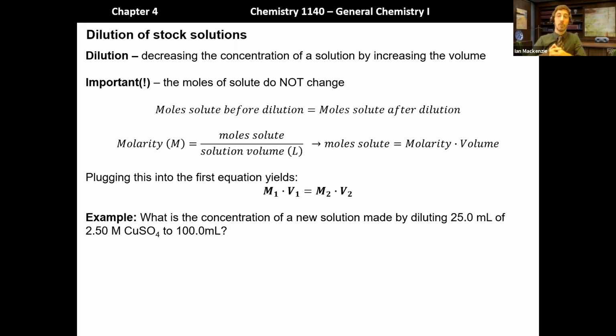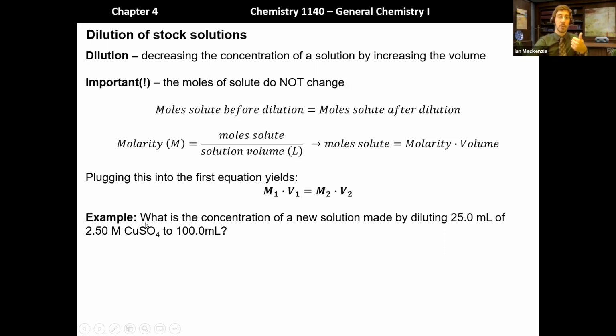So let's go through an example of this. What would be the concentration of a new solution if we diluted 25 milliliters of 2.50 molar copper sulfate to 100 milliliters? The first thing we have to do in any of these problems is just identify what goes where. We need to identify the initial concentration, that's M1, and that is given to us.